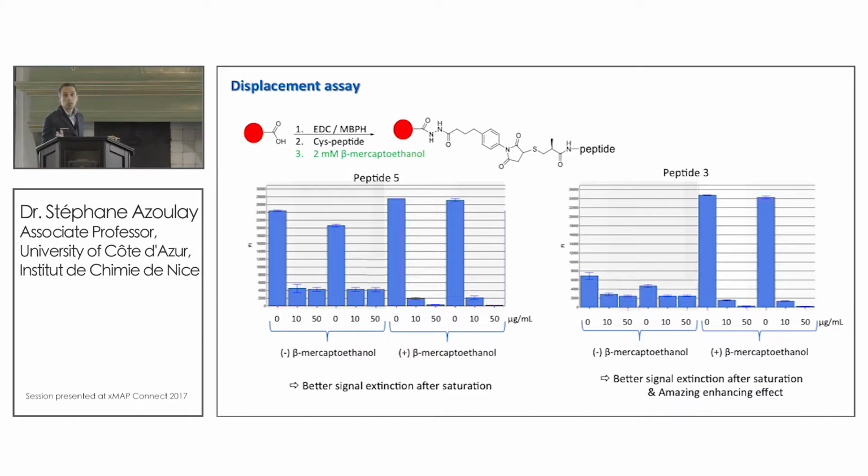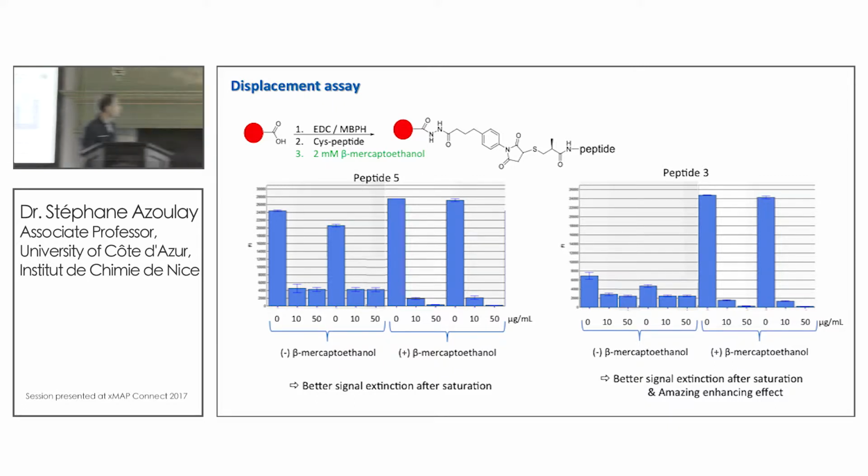This effect was quite reproducible, and we can observe it with various peptides. We didn't really explain why, but maybe there is a positioning or a better dilution of the bead that can favor the interaction between the bead and the peptide.